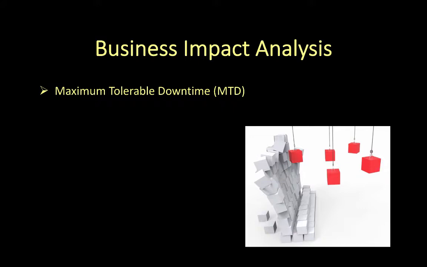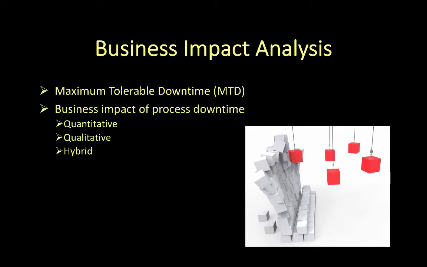In addition to MDT, or maximum tolerable downtime, the team should also work with the business to determine the business impact of process downtime. Business impact always happens, even if the MTD is not reached. As with risk assessments, this impact can either be quantitative or qualitative.